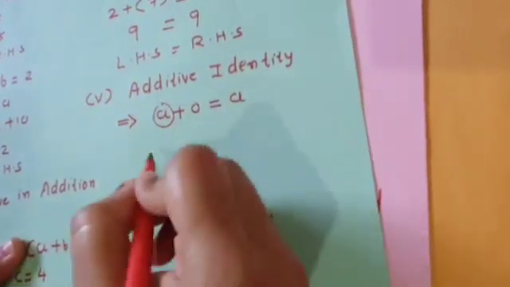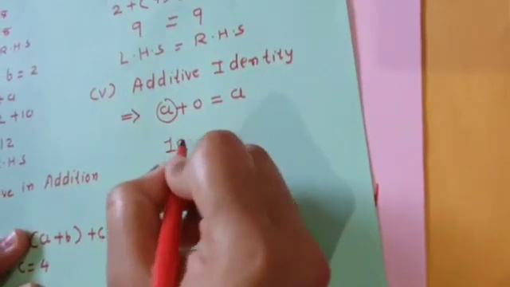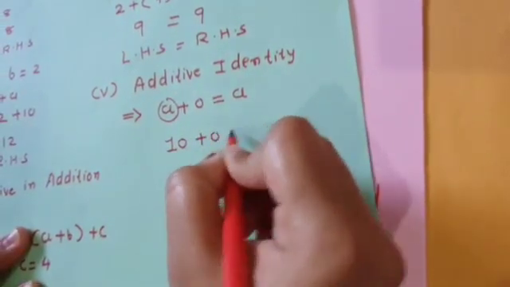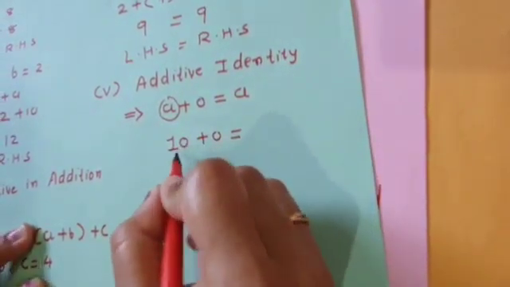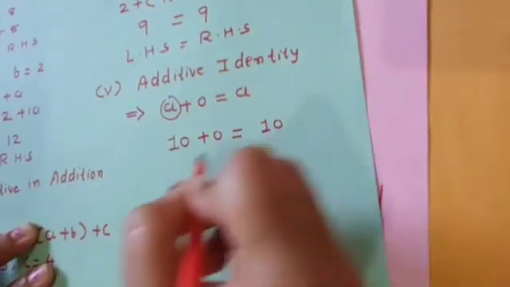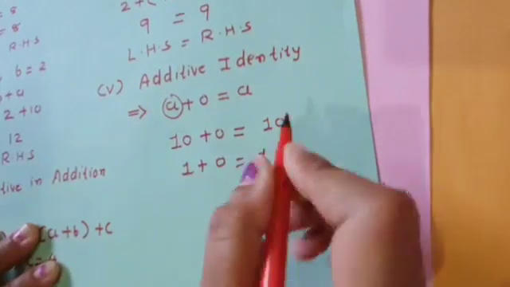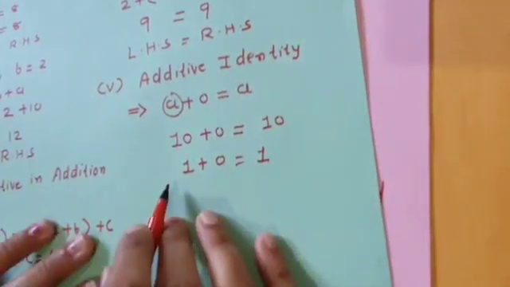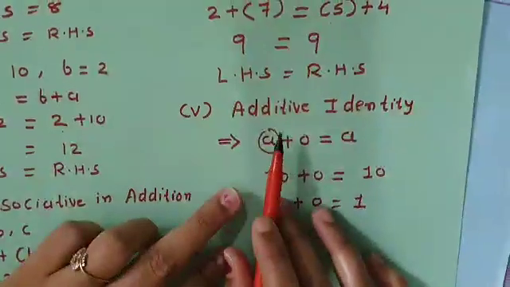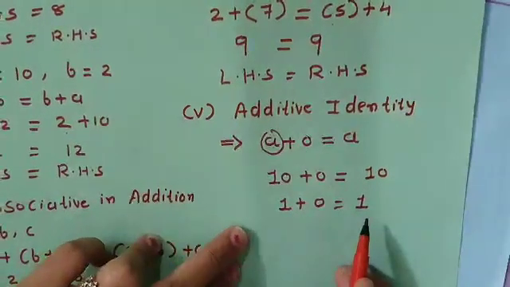For example, if you add 0 with 10, the answer is 10. If you add 1 with 0, the answer is 1. So 0 is the identity. This property holds for negative numbers as well.